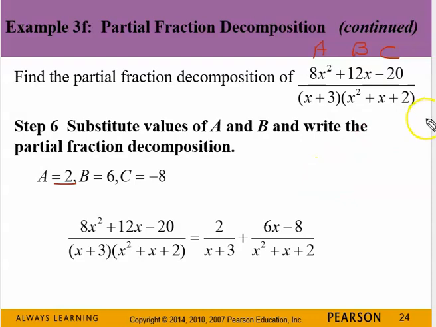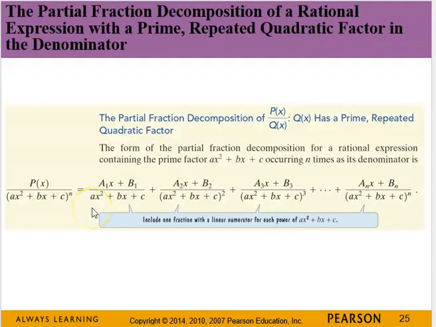Wow. Again, you may want to pause, reflect on what was going on, and check it out again, step by step. These are challenging. In the last example that they're giving us, the partial fraction decomposition of a rational expression with a prime repeated quadratic factor in the denominator.